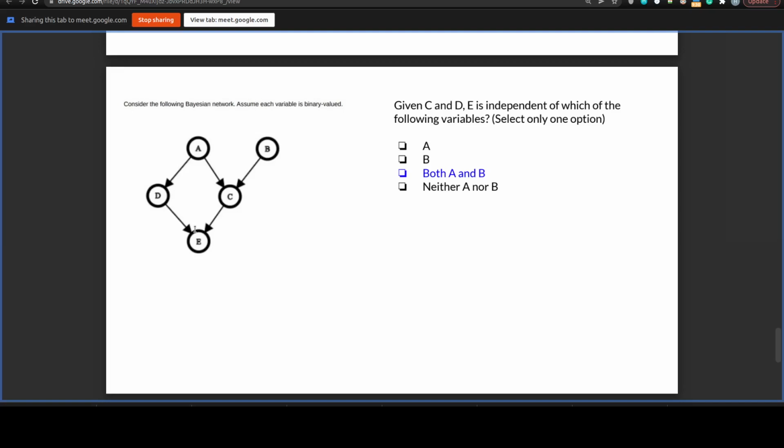If I'm given C and D and I'm also given the probability of E, I don't require the probability of A and B, because I can determine the probability of E solely based on the values of B and C. I don't need any probability of A and B. So that's why the answer is both A and B. The rule of thumb is that if you require something else from the top, you are not independent. If you don't require it, you are independent.